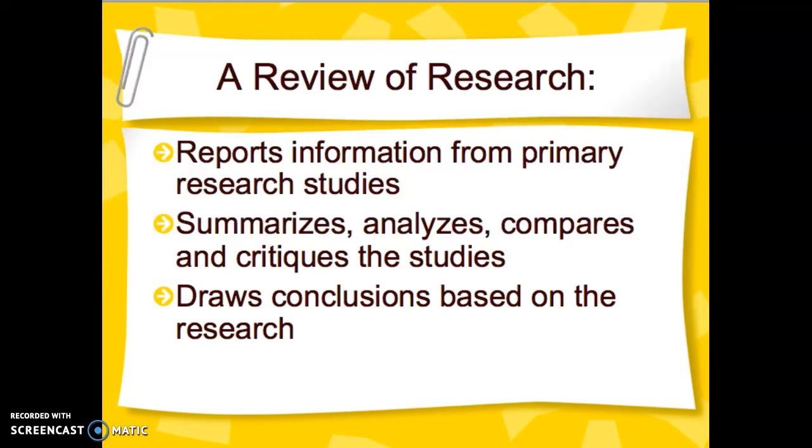The intent is to read the studies and then look at them as a whole and say, okay, now that I'm a little bit of an expert on this, now that I've read a group of studies, what can I say? Are there some studies that are stronger than others? Does the balance of information tend to answer the question in a certain way? Or are the results so confusing or so minimal that there really isn't a strong conclusion to be drawn? And that would be okay if that's actually what the research says.